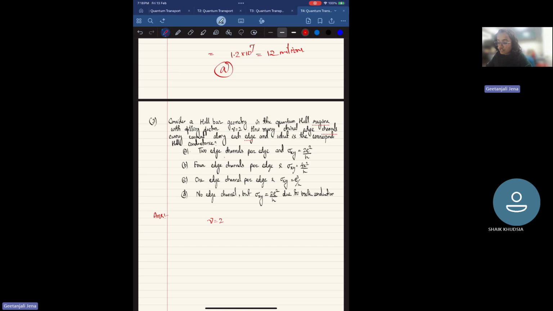Whether there are 2 edge channels per edge and sigma xy is 2 e square by h, or 4 edge channels per edge with sigma xy 4 e square by h, or 1 edge channel per edge with sigma xy e square by h, or no edge channel, but sigma xy is 2 e square by h due to bulk conduction.